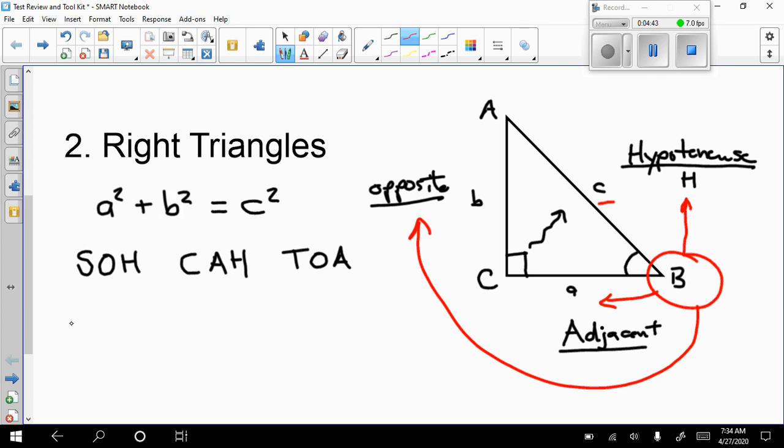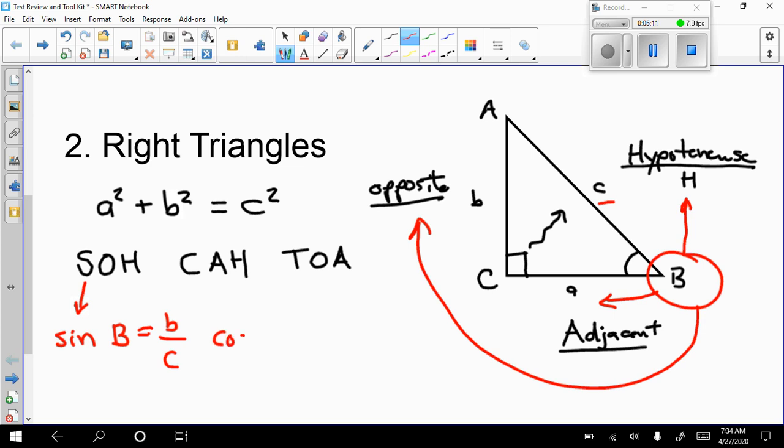So then we can write over here, sine, that's what the S stands for. Sine of B is equal to opposite over hypotenuse. So the opposite is little b, and the hypotenuse is little c. So look at that. We now have a relationship between the angle and two sides.